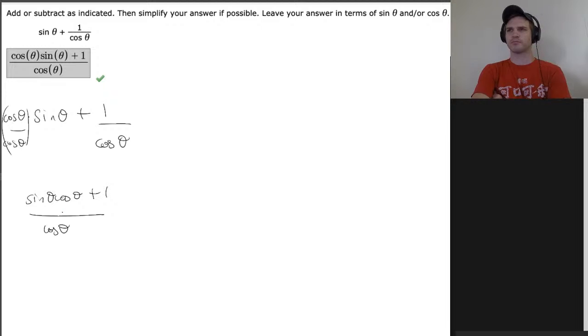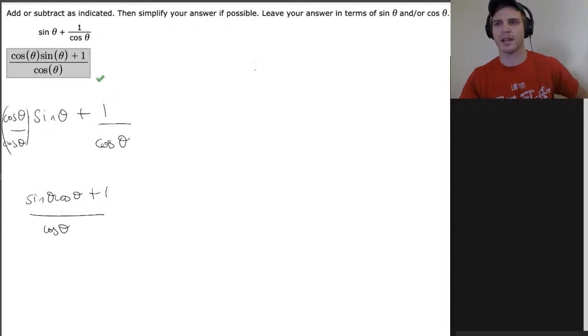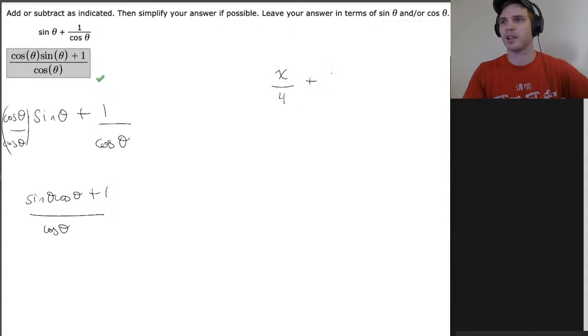And I get the same kind of confusion with algebra students when I have to ask them to add something like this. They're like, how do I add that? Well, how do you add fractions? You just add the numerators and leave the denominator the same. It's x plus 1 over 4.